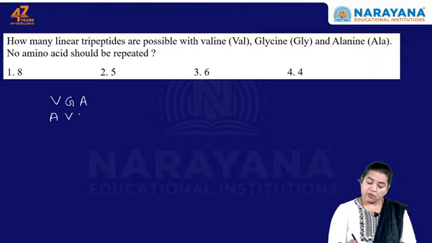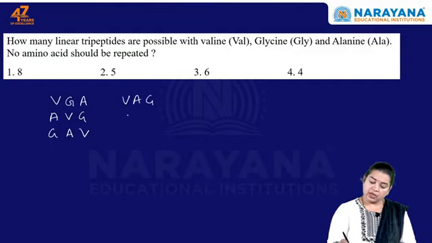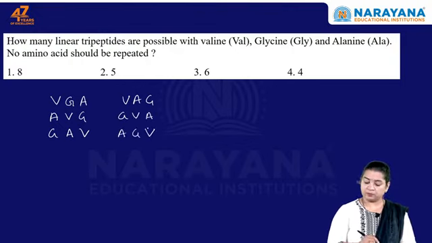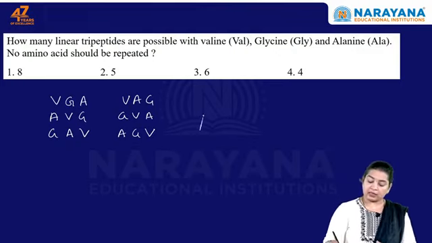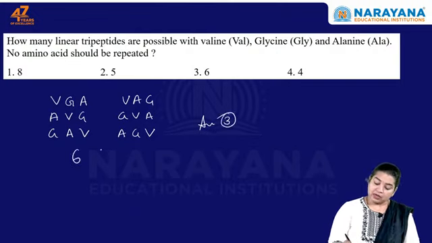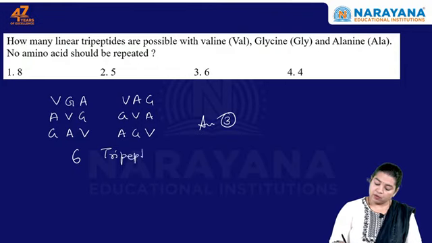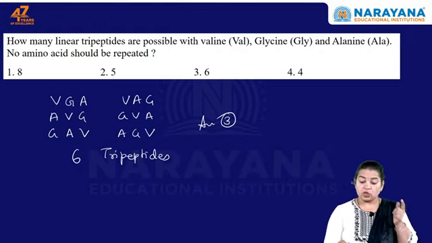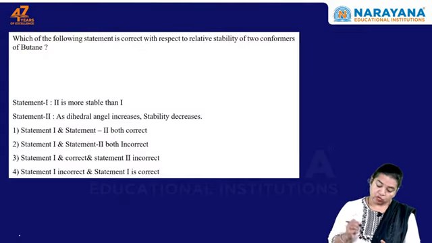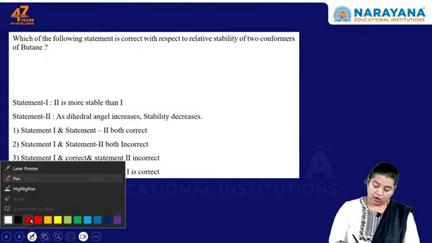Then A, V, G; G, A, V; V, A, G; G, V, A; A, G, V. After seeing all these combinations, I think the answer is third, that is 6 tripeptides are possible. With 3 amino acids and no repeat allowed, 6 such tripeptides are possible.